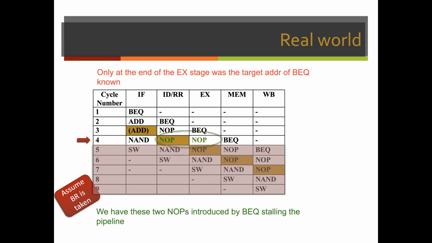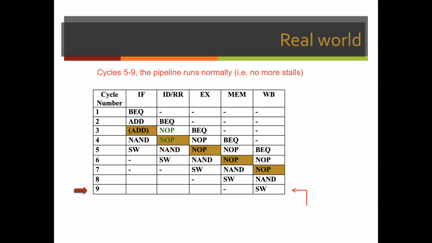And so in this case, we've introduced 2 no-ops into the pipeline. So finally, instead of completing in 8 cycles, we're completing in 9 cycles.